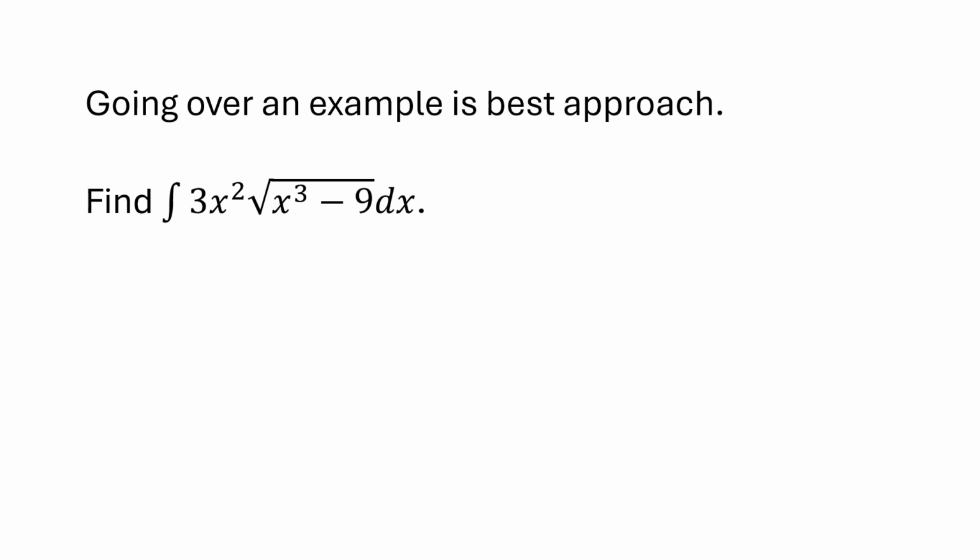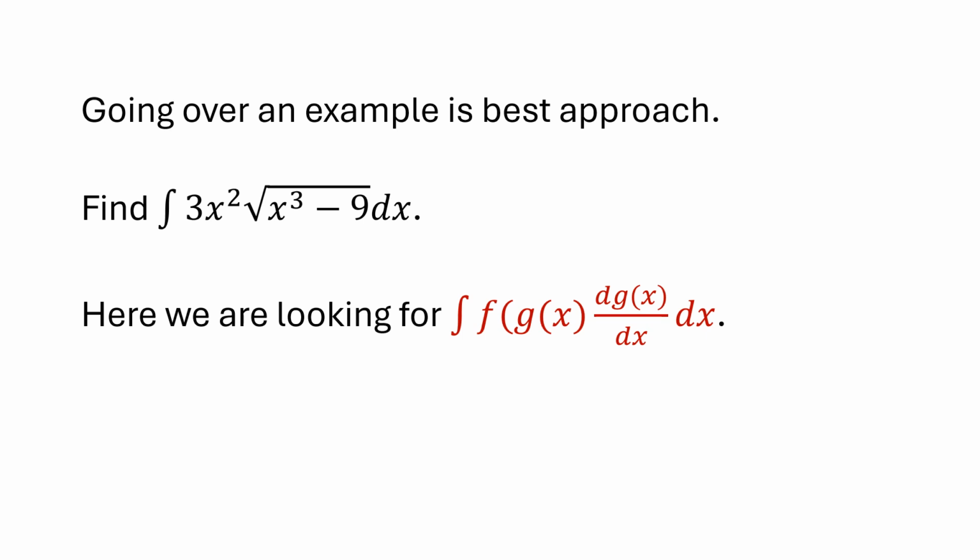Find the integral of 3x squared times the square root of x cubed minus 9 dx. Here we are looking for the integral of f of g of x times dg of x dx, with respect to x.